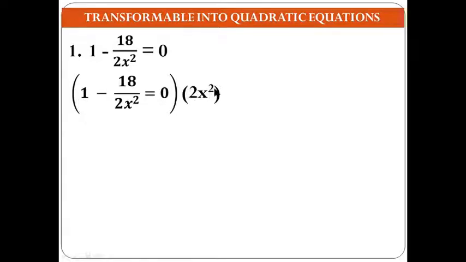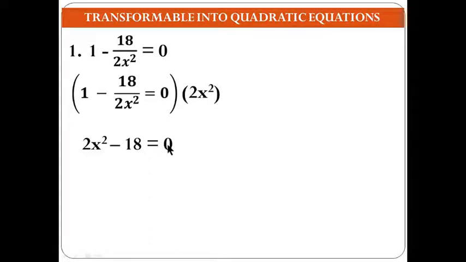So, 2x squared divided by 1 ay 2x squared. Then, times 1 is 2x squared. Then, 2x squared divided by 2x squared ay 1. Times 18 ay 18. So, copy the operation, minus. Then, 18 is equal to 0.